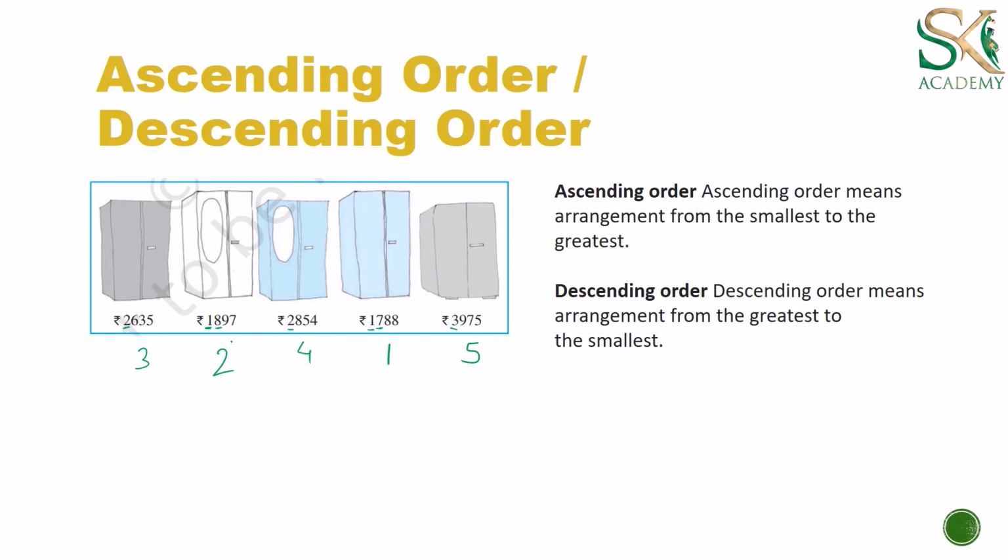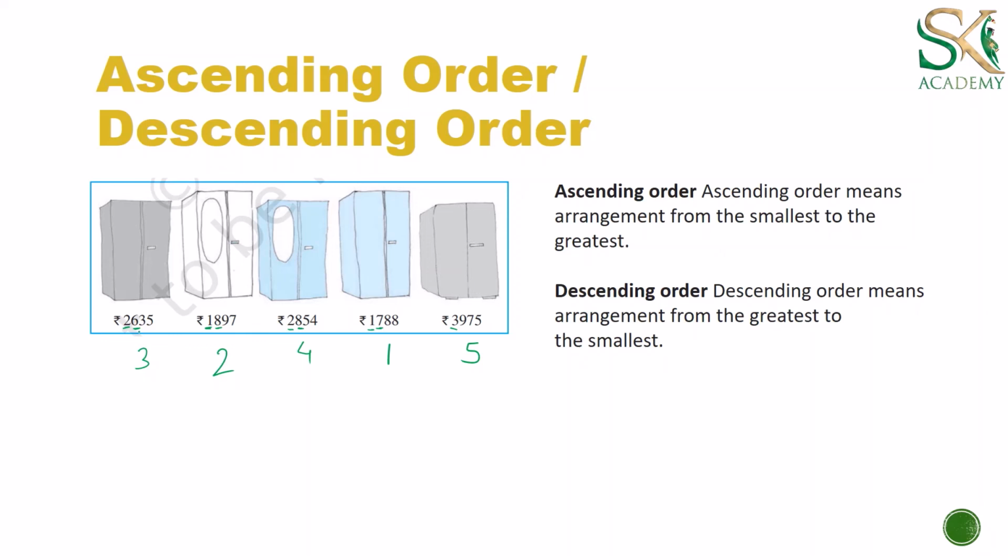Now come to this point. There are again two numbers, 2635 and 2854. How do you decide which one is the smallest and which one is the greatest? First digit is 2, here also first digit is 2. Here the second digit is 6 and here the second digit is 8.